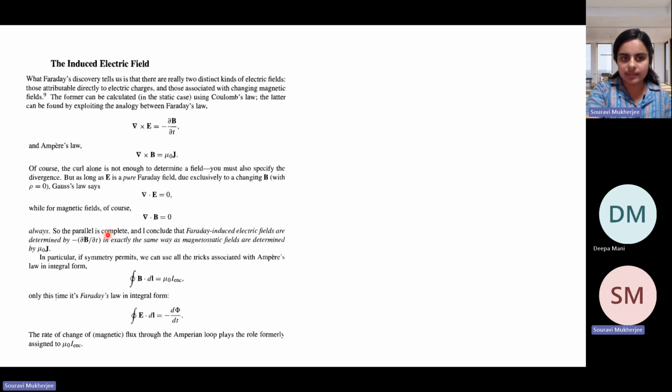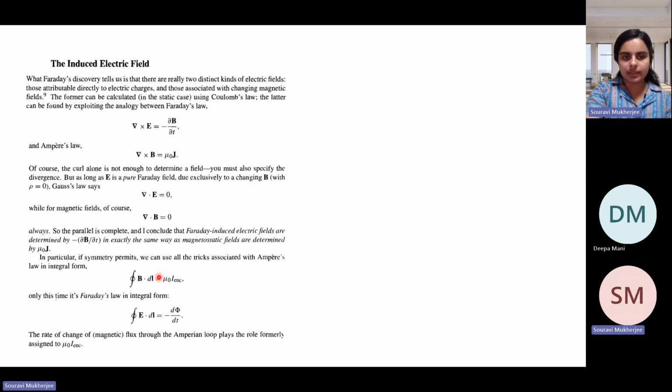So in a way, there's some parallel between electric and magnetic fields that we can see, right? The Faraday induced electric fields, that is, the electric fields induced by the changes of magnetic field, are exactly the same as magnetostatic fields that are determined by mu naught J, right?